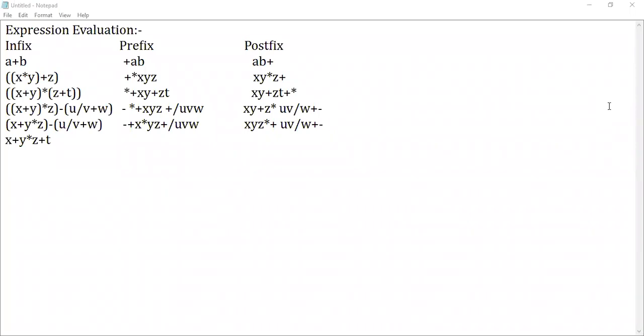Meenakshi, no. Saranya, no. Rajesh, no. I can't see even one right answer. Santosh, no. Chinmay, no. Sai Ganesh, no. That's not right. Prefix is not right.